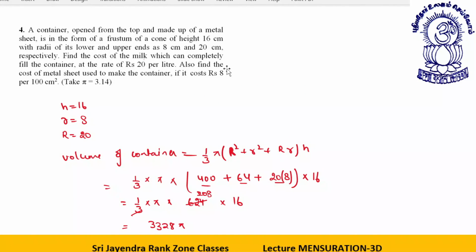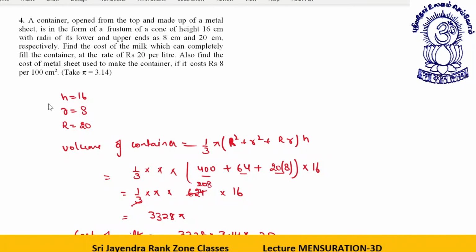Now let's find the cost of the metal. Also find the cost of the metal sheet. A container open from the top. See, we have height 16. Now the thing is, the figure is like this.